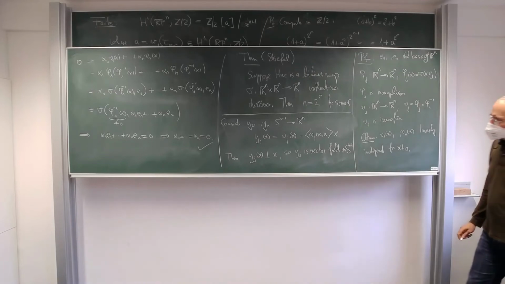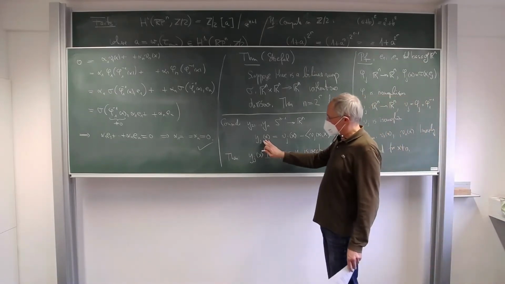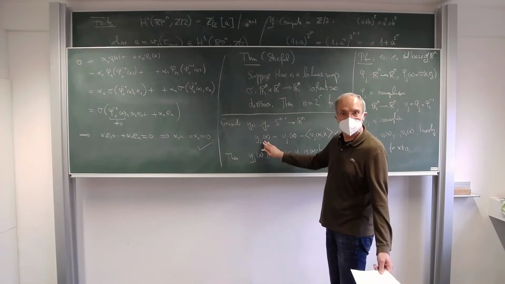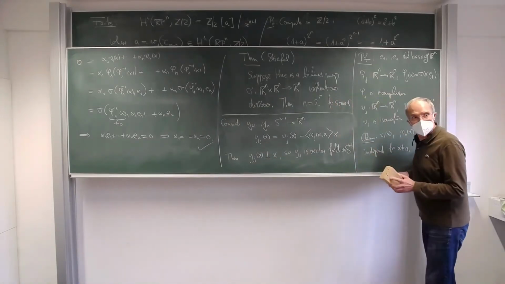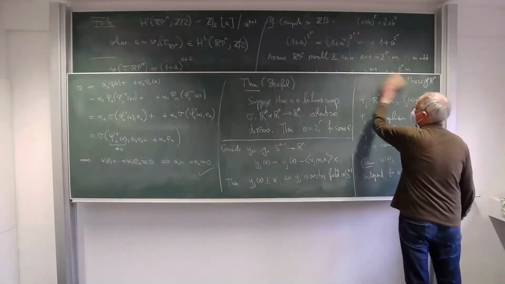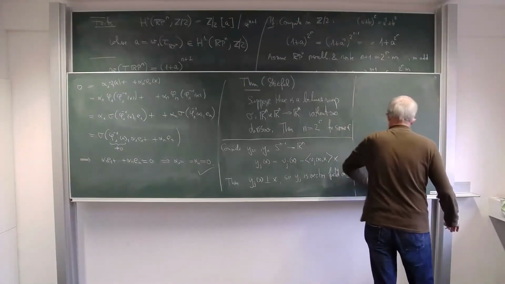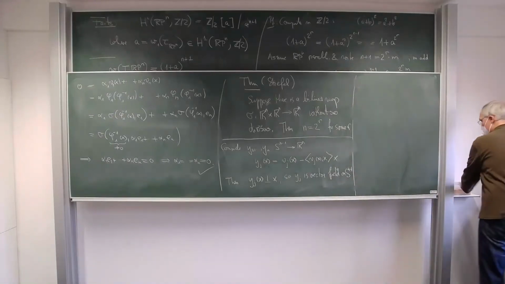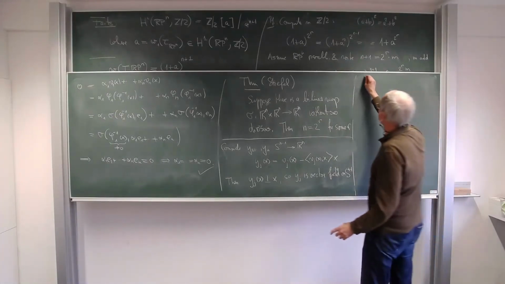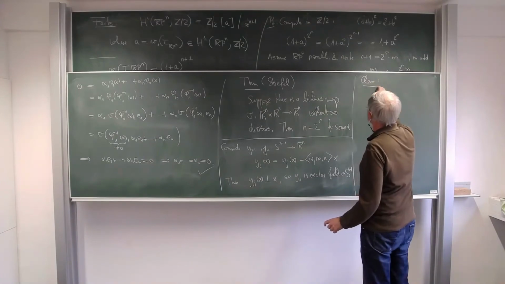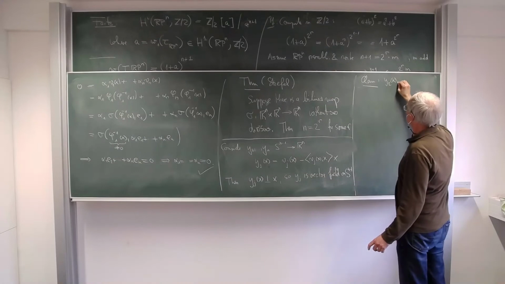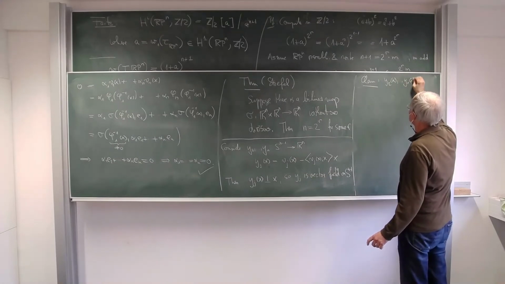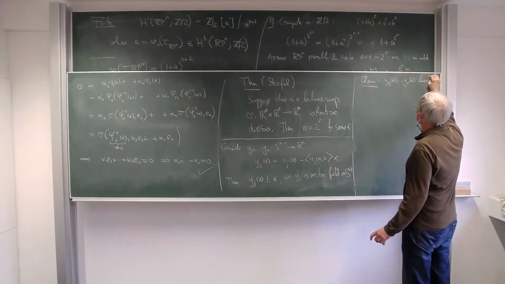Now the next claim is that these vector fields are pointwise linearly independent. So they give us, in fact, a parallelization of this unit sphere. So that's the next claim. y_2 of x all the way up to y_n of x are linearly independent for all x in the unit sphere.